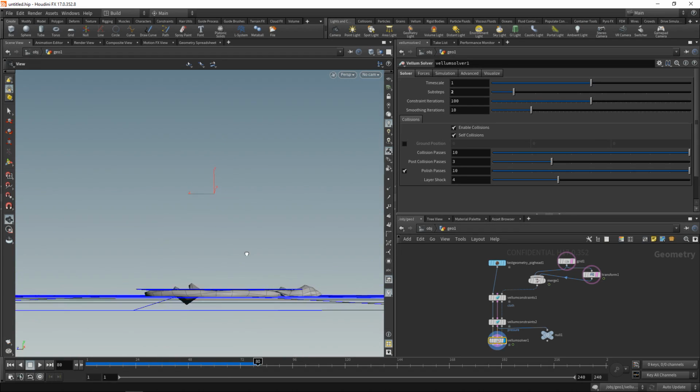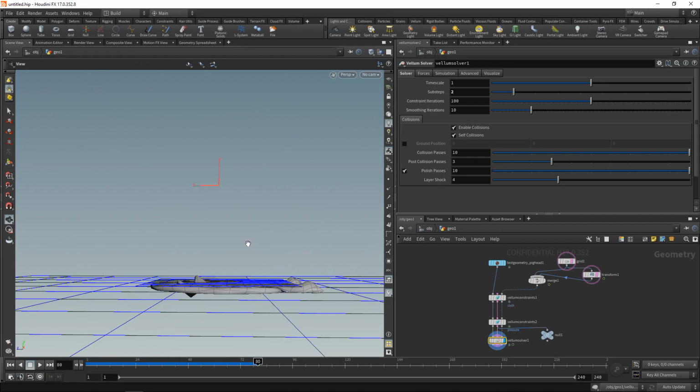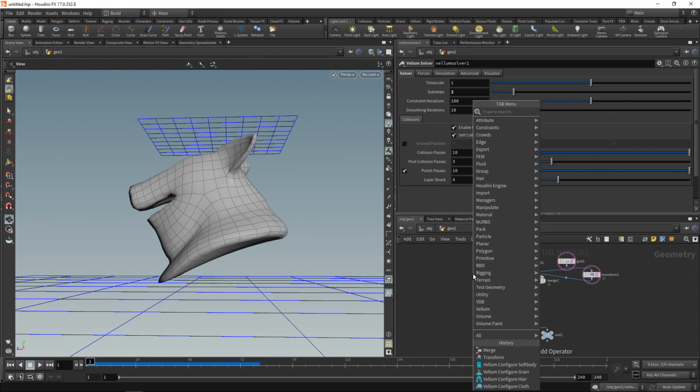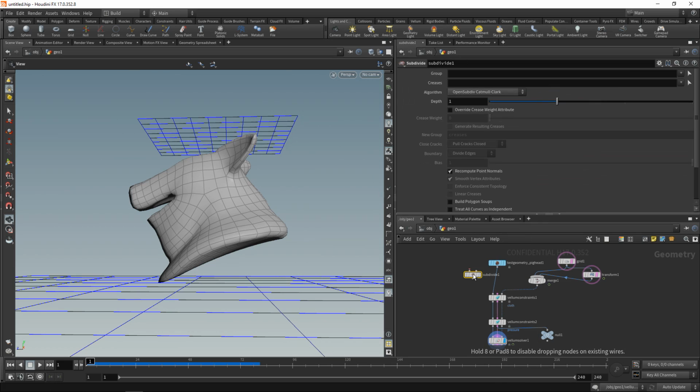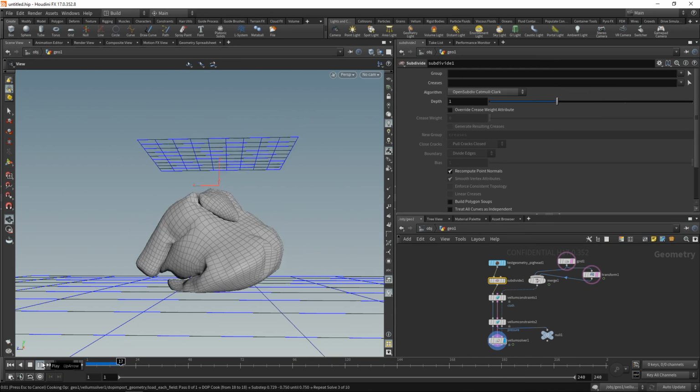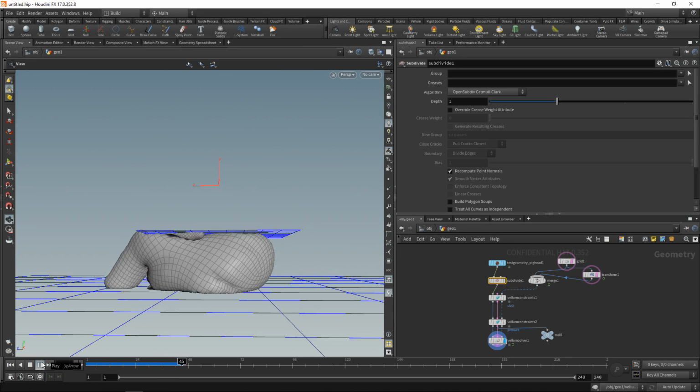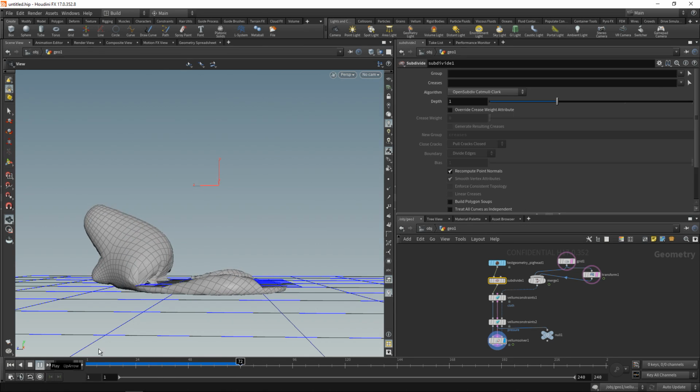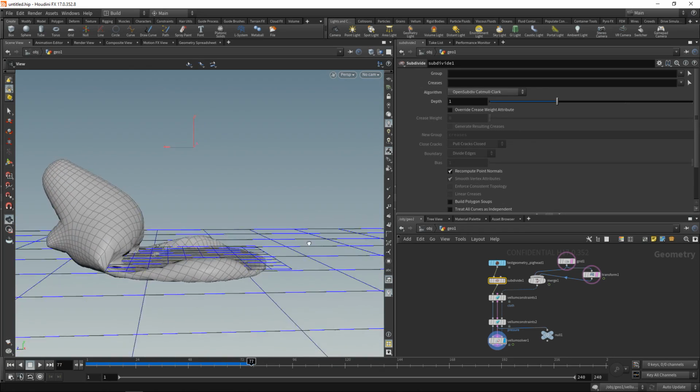And let's check. Well, there are still some protrusions, which might come from the really coarse mesh that I put in here. So let's subdivide our pig head before we feed it into the simulation and resim this. And we're still getting some protrusions.